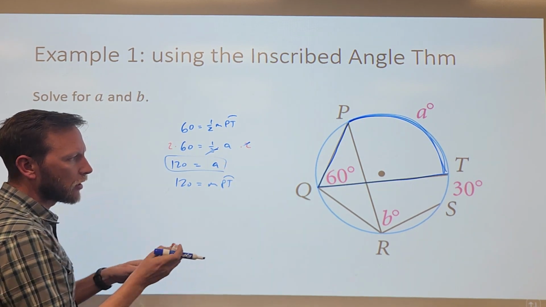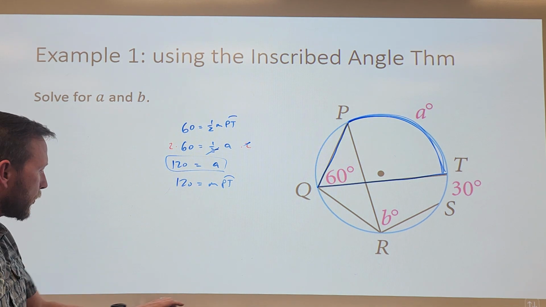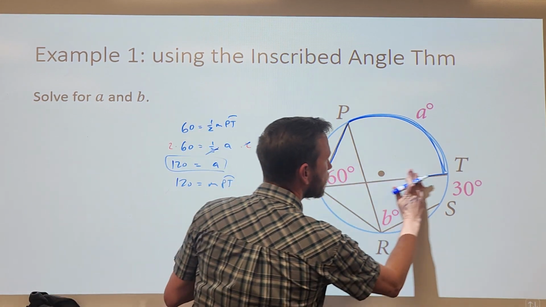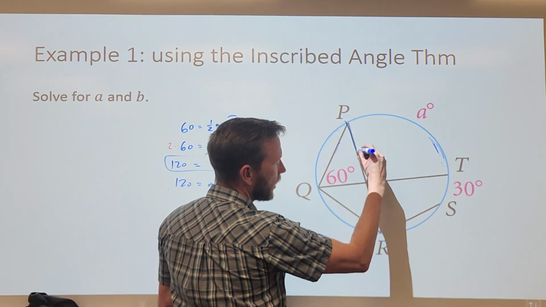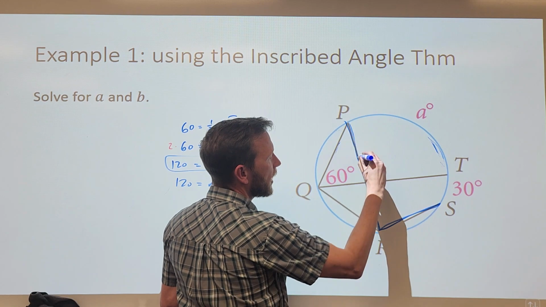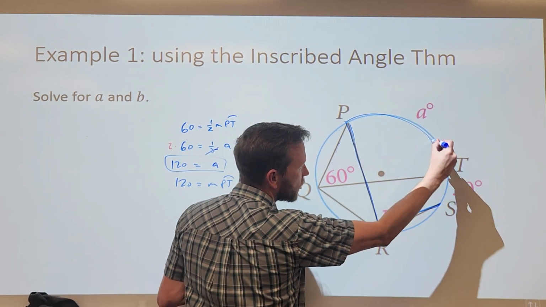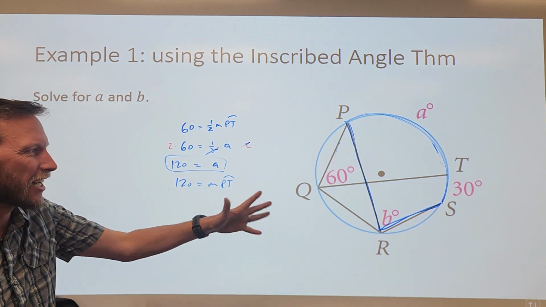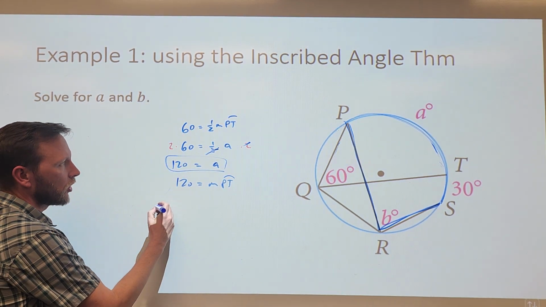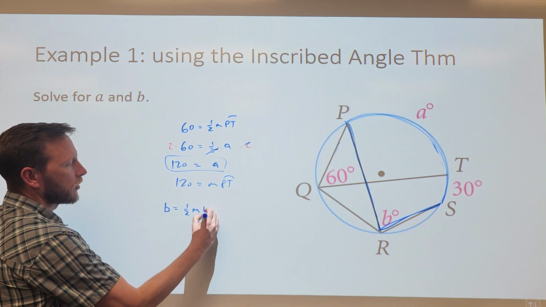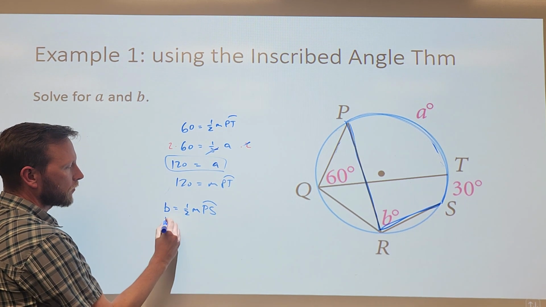We solved for A. Now, in order to solve for B, we're going to find the measure of this angle PRS, and the measure of that angle is going to be, again, half the measure of this arc PS. I don't have to call it PTS because it's not bigger than a semicircle. So B is going to be half the measure of arc PS.